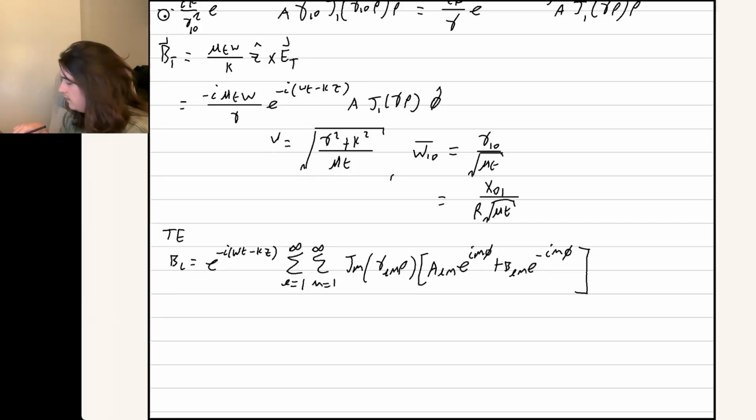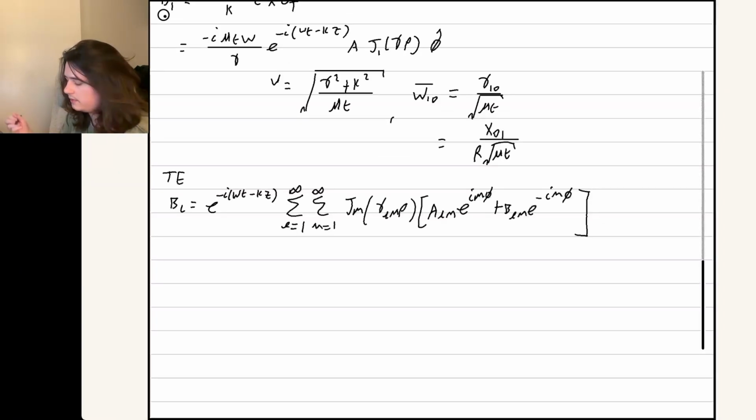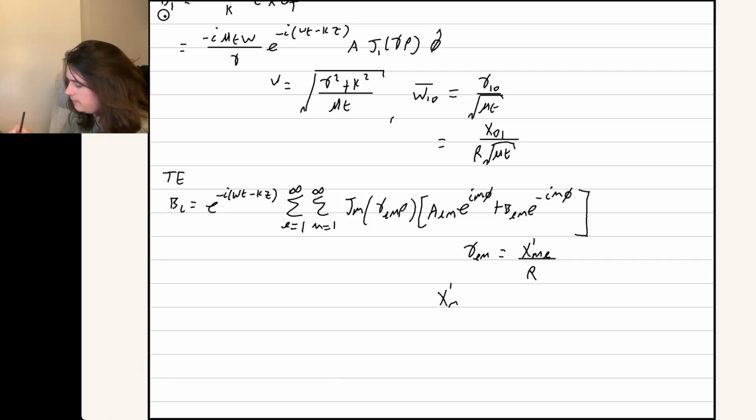Okay. Where gamma_lm means something different in this case, now it means x prime_ml over r, where x prime_ml equals the lth root of the derivative of the mth Bessel function.